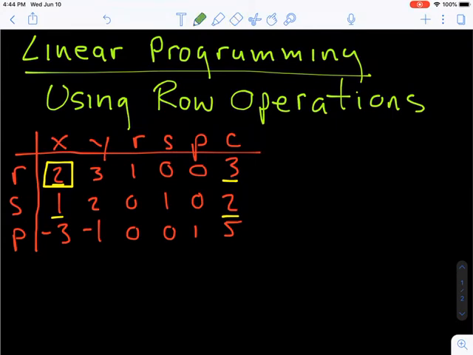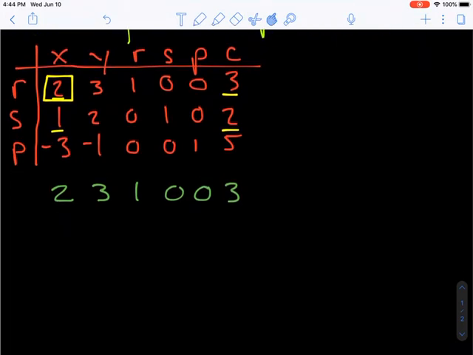So I'm going to rewrite the first row because that's my pivot row. And now what we want to do is we want to get rid of the 1 underneath the 2. That would be this number. We want to change that into a 0. So the way that we can do that is we always start with the changing row.